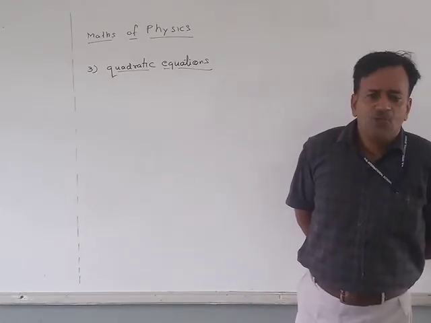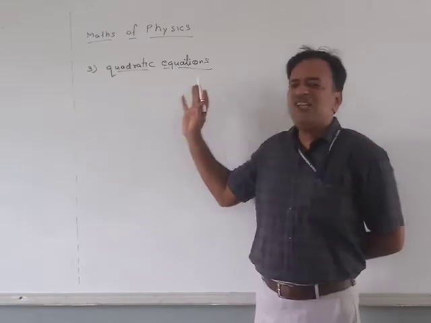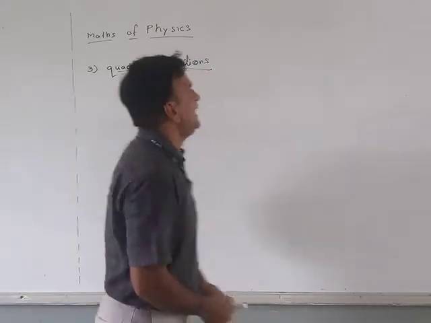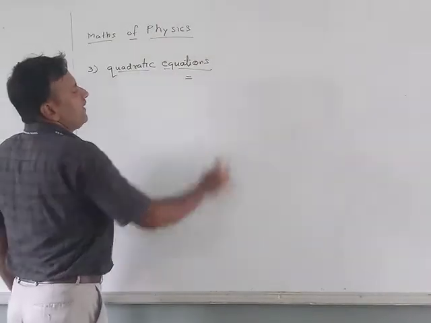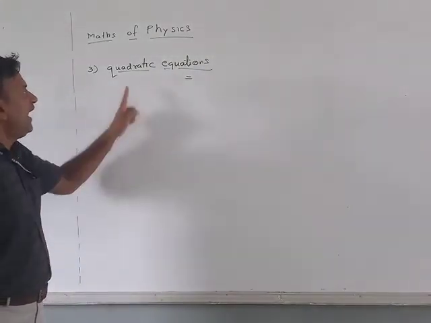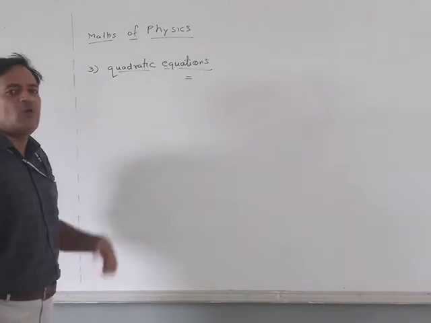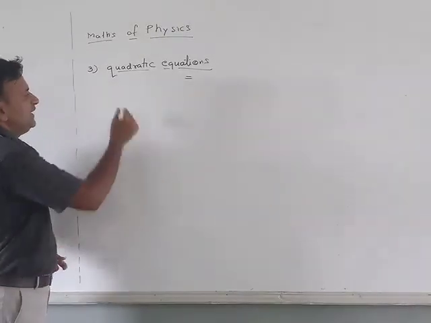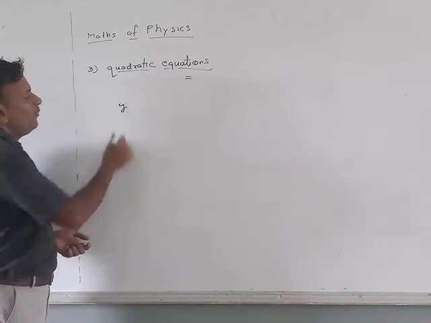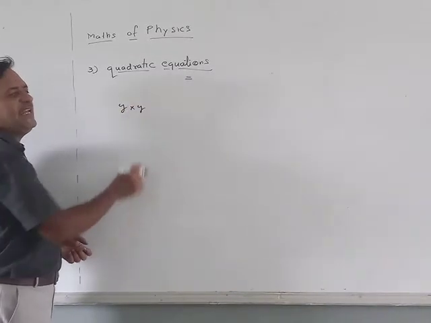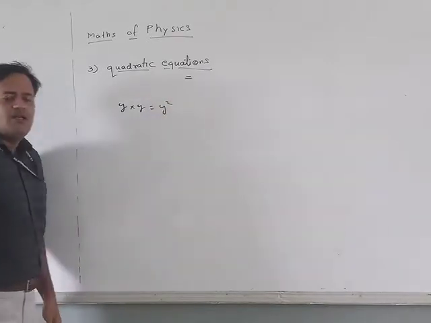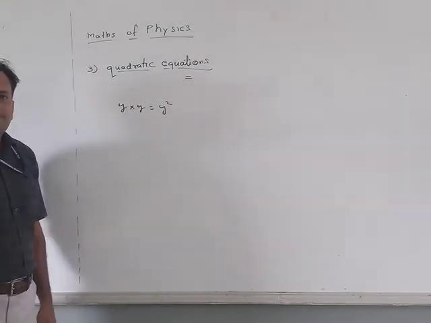Now, first of all, what do you mean by equation? Equation means any mathematical statement which has this equality sign. And quadratic, quadra means if you have any number, multiply that number with itself, this becomes square.